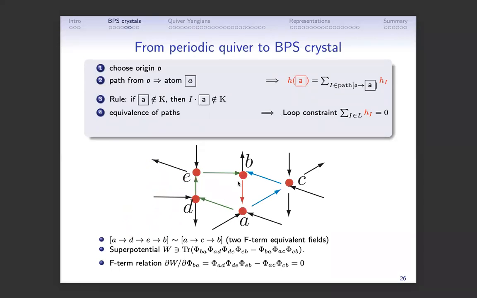For example, consider this field phi_ba. It appears in 2 loops, which means there are 2 terms in your superpotential. So this F-term relation just means that the product of these 3 is equivalent to this one, which is equivalent to the loop constraint between these 2 loops.